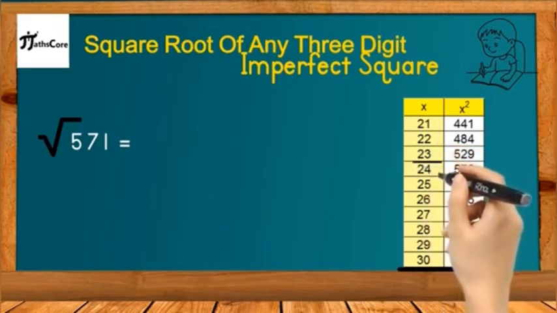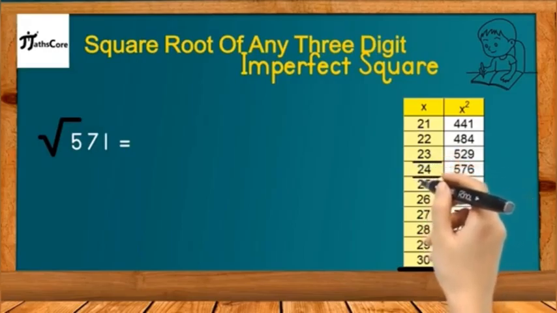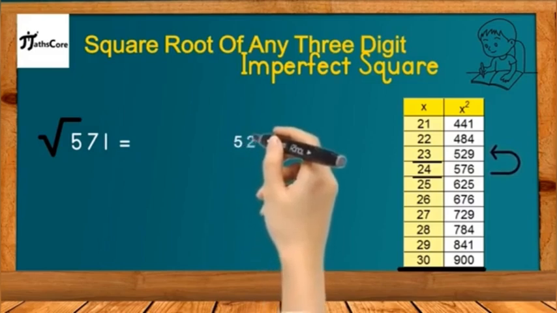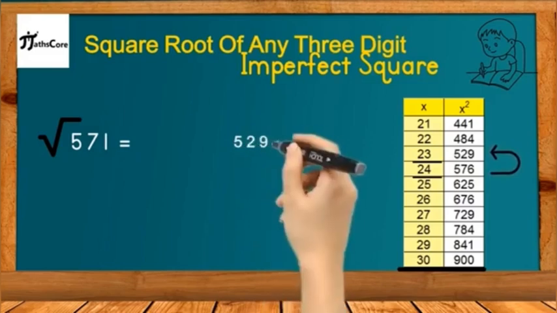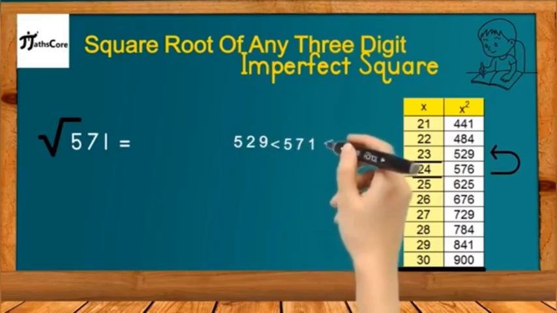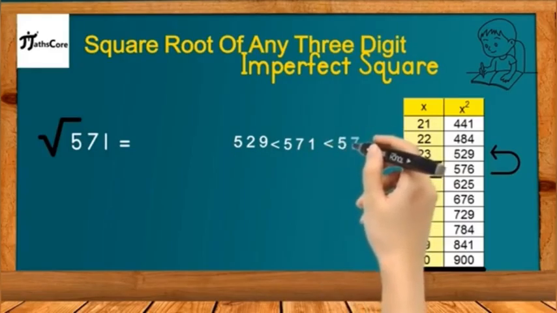So you can see in the table there are two numbers 23 and 24. So 23 square is 529 and 24 square is 576. So we can say 571 lies between 529 and 576. So here we can write down 529 is less than 571 and 571 is less than 576.